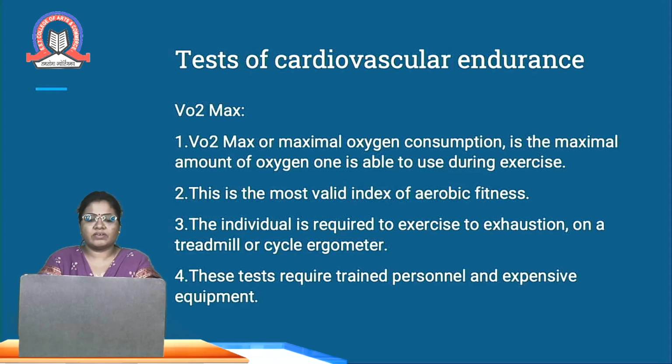These tests require trained personnel and expensive equipment to get a good result. So trained personnel and expensive equipment are needed, and to find the value of our fitness, we need highly expensive equipment to read the measurement of our fitness.